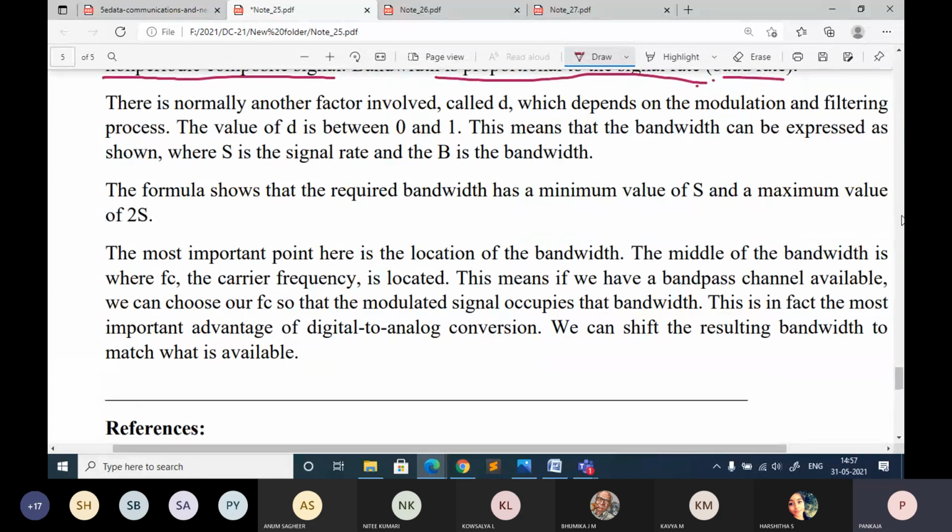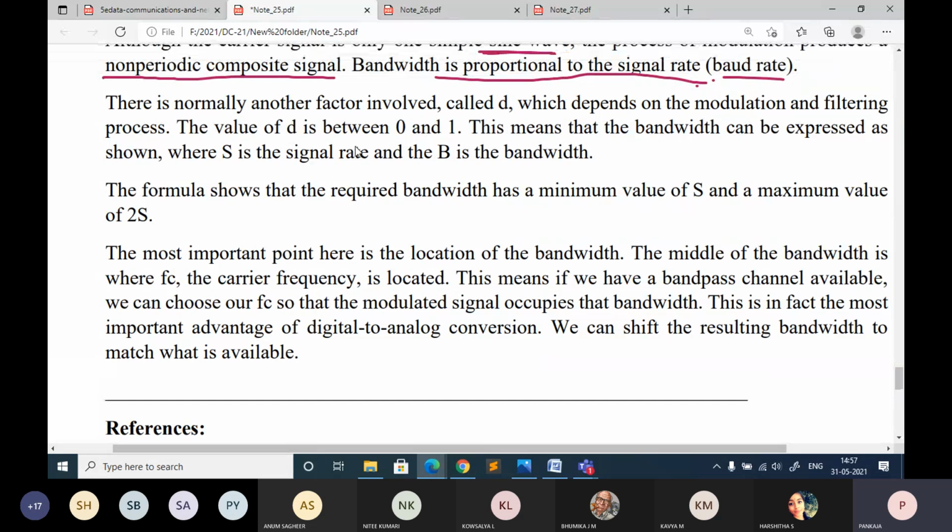Now, what is the bandwidth required for ASK? There are some special terms used to calculate it. There is a factor involved when you want to represent the bandwidth required for ASK. The special factor is d, which depends on the modulation and filtering process. I am adding this one more term when calculating the bandwidth.